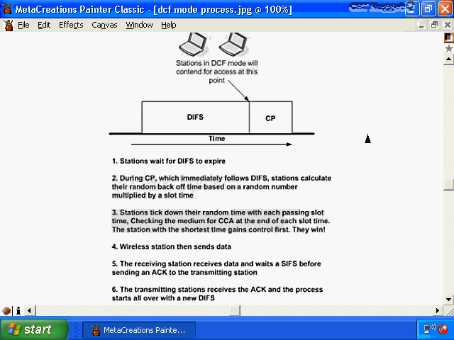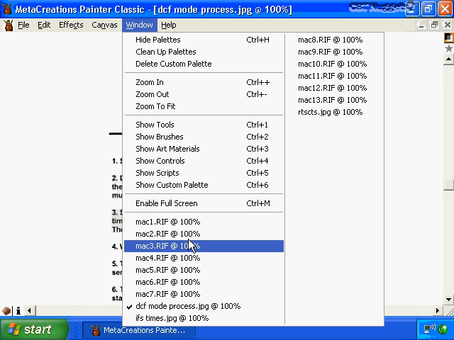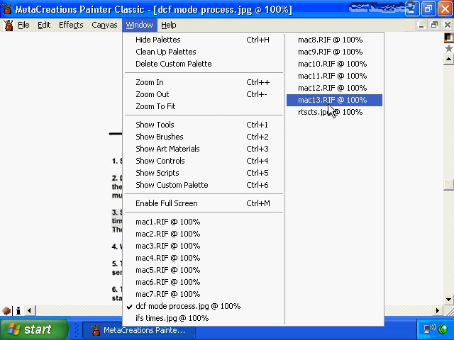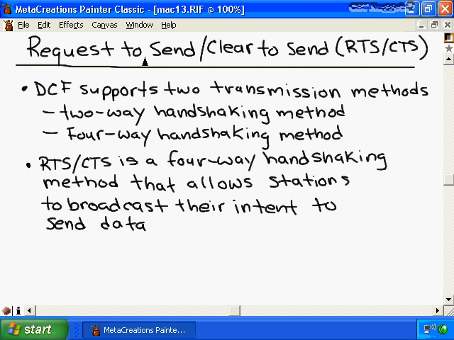Now, this is actually one method out of 2 methods that DCF mode supports for transmitting data on a wireless network. Let's bring up another whiteboard and learn about the second method, which is called request to send, clear to send, or RTS/CTS for short. So the 2 methods supported by DCF are a 2-way handshaking method and a 4-way handshaking method.